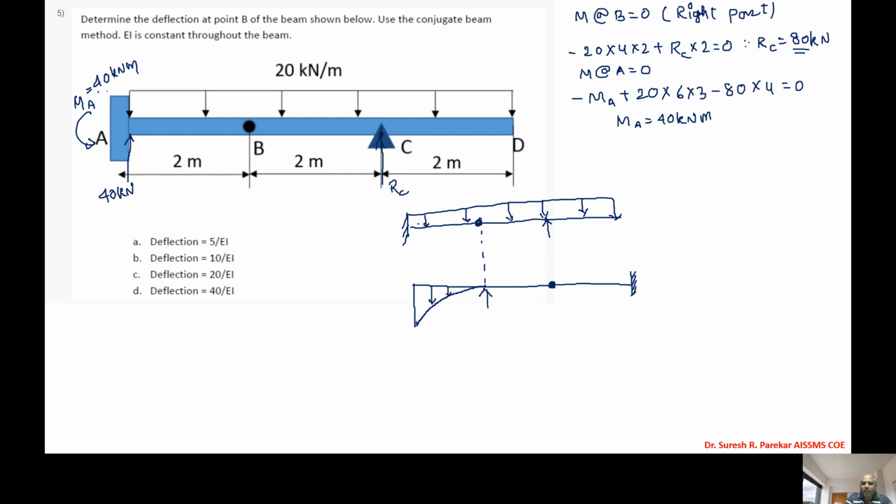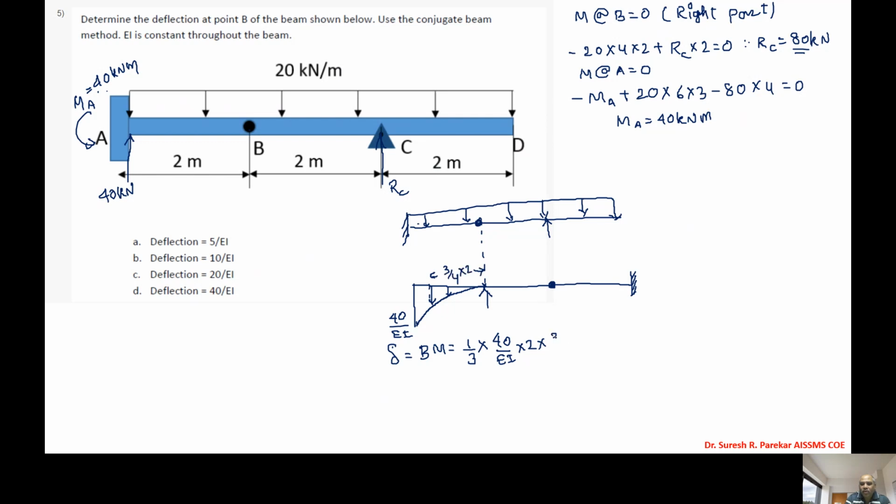And now if we take moment about this point, what do we get? So delta is equal to bending moment, equal to 1/3 into this value, 40 upon EI. So we have 1/3 into 40 upon EI into 2, and the centroid will be 3/4 from here, 3/4 of 2.